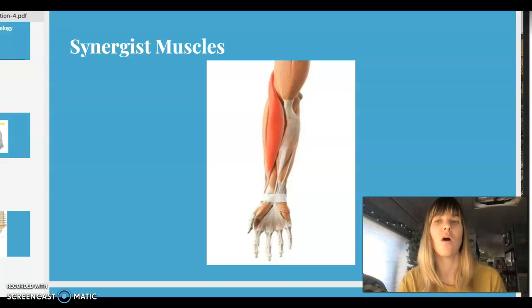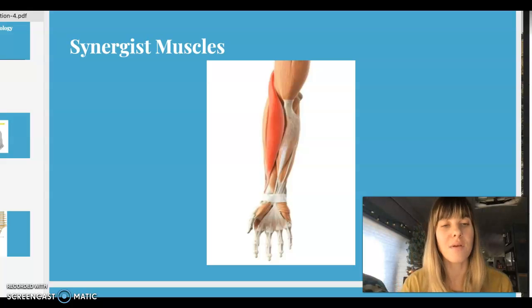And then we want to move on to synergist muscles. Synergist muscles are also known as fixators, and they act around a joint to help the action of the agonist muscle. The synergist muscles are also able to counter or neutralize the force of the agonist muscle. So we'll see that the muscle right here wraps around the elbow, our olecranon, and that is going to help keep our tendons, our bones, and our bicep muscle protected when we contract or when we pick up a weight, let's say.